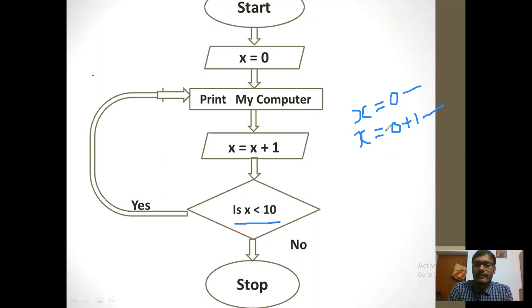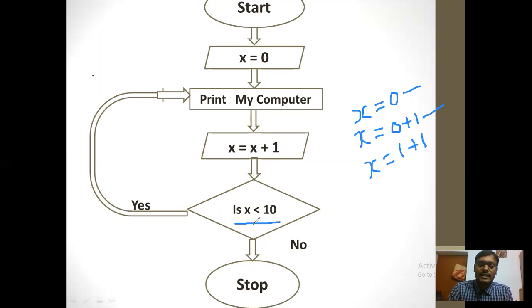So what was the earlier value of x? The earlier value of x was 1. So now again it will increase the value of x: 1 plus 1 is 2. Now the value of x is 2.